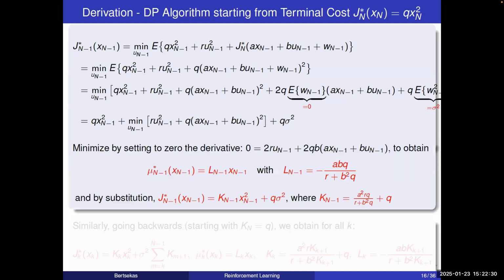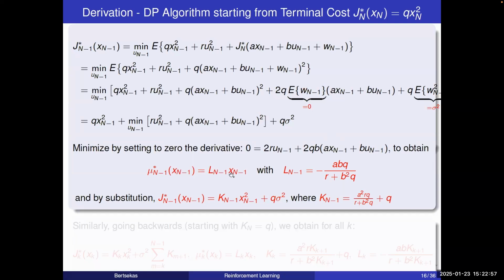So that's what we do. We set to 0 the derivative of this expression, and that gives us un minus 1. We solve for un minus 1, and we obtain this, with L, the coefficient, being given by this. Solve this equation here for un minus 1, and we get this.